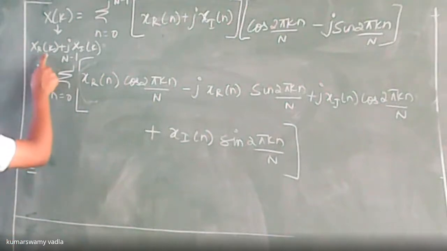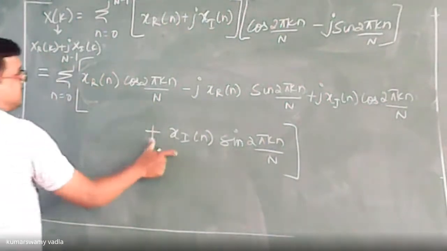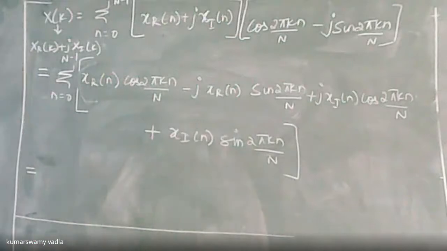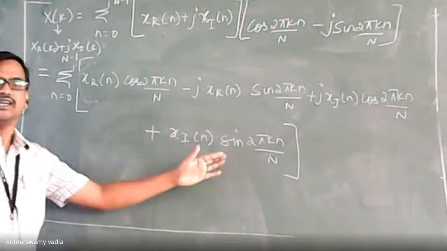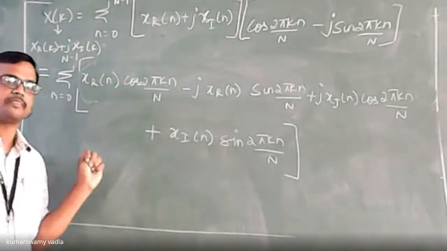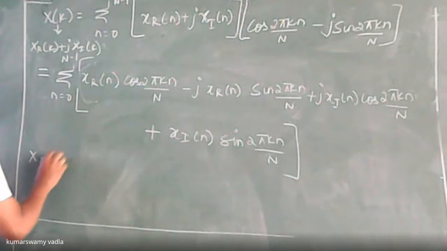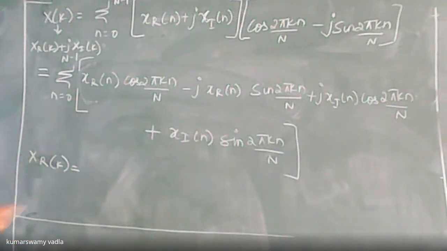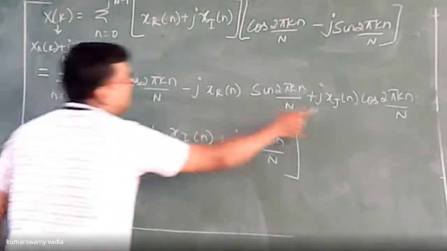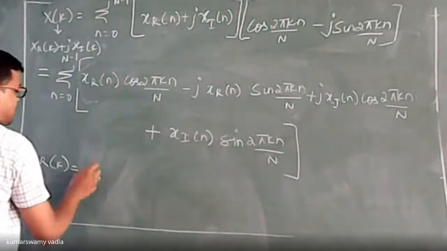Now, having this, I will write down only the real terms from this equation, the terms which do not possess the j term. Similarly, Xr of k, I will take only the real terms from the four product terms. What is that real term?